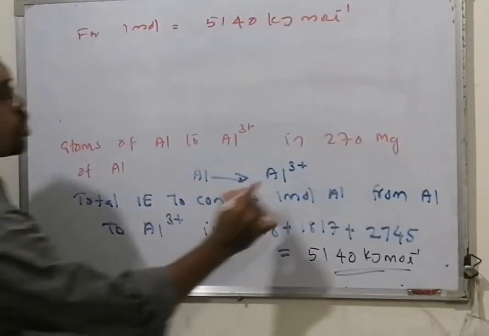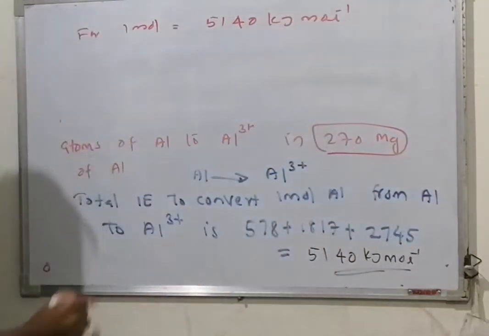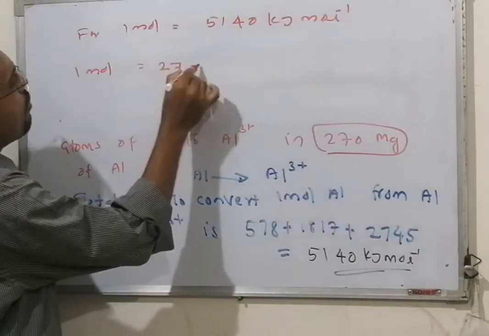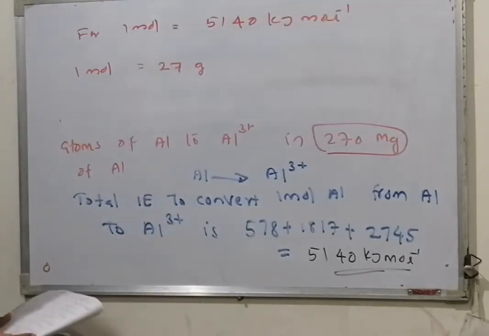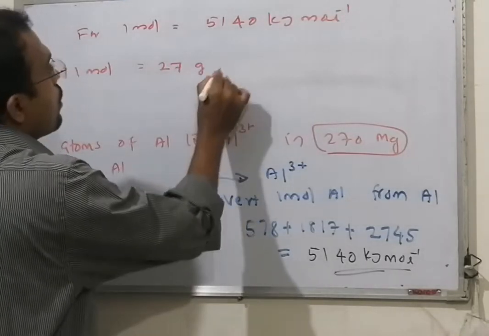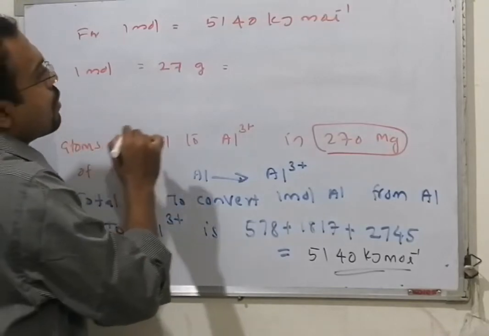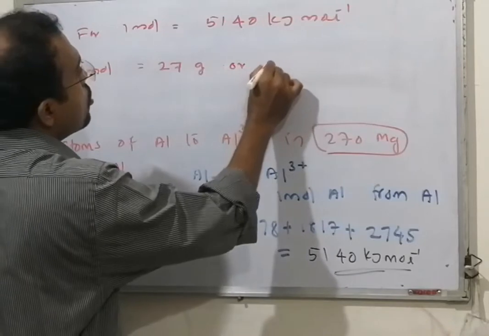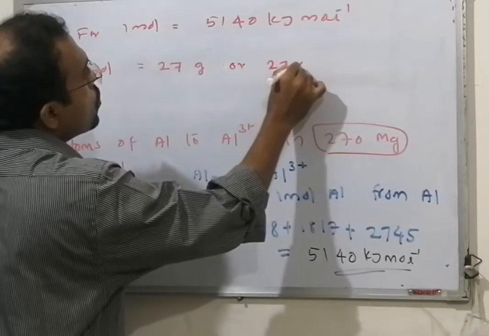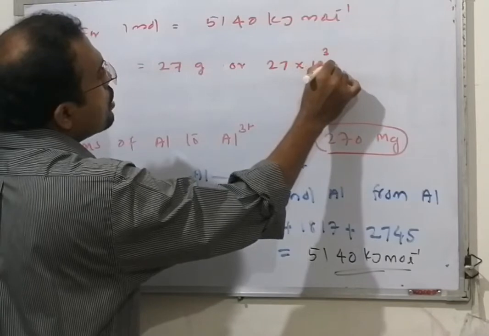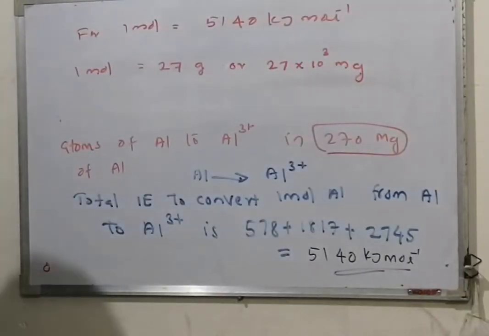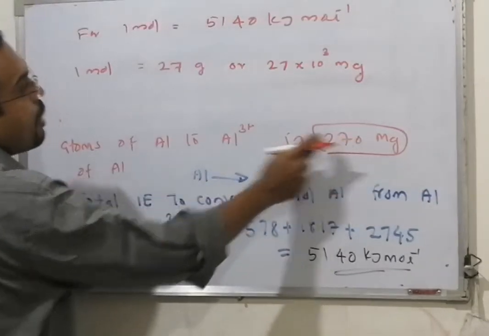But your question is 270 milligram. 1 mole aluminum means 27 gram. If you convert to milligram, it is 27 into 10 raised to 3 milligram. But your question is only 270 milligram.